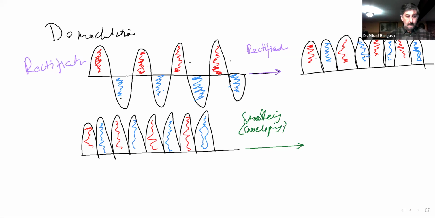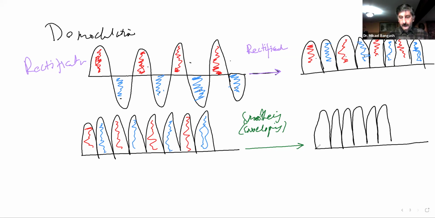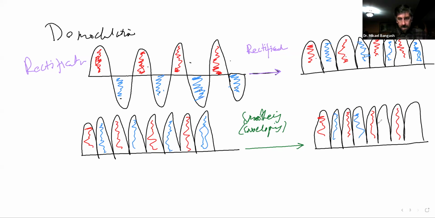Which means let's say this unit here, or these waves here, become one unit of sound waves.